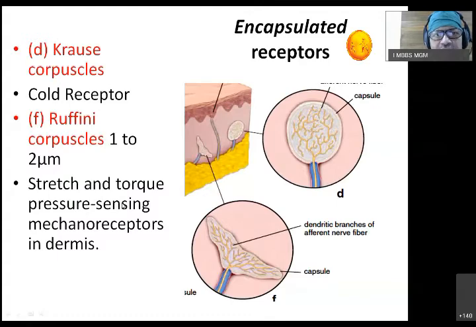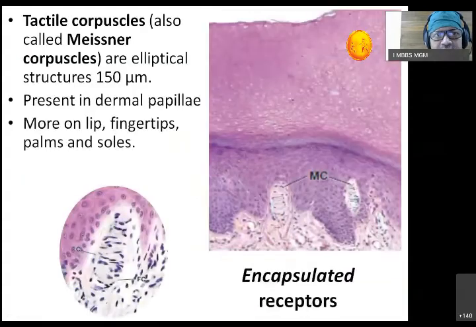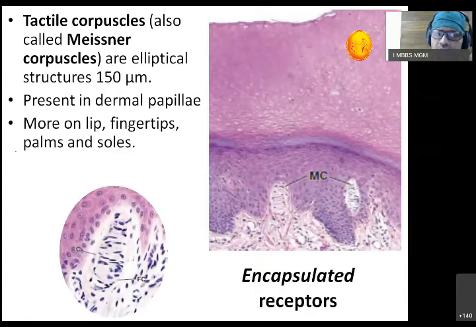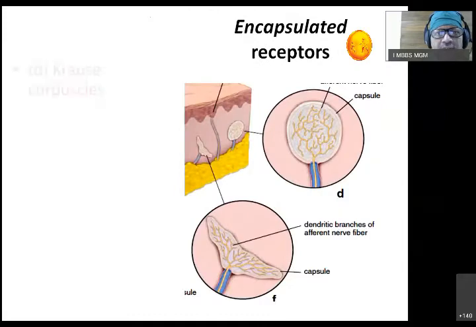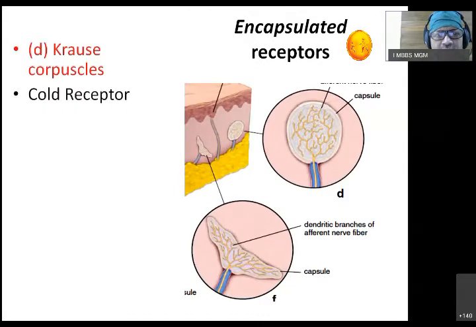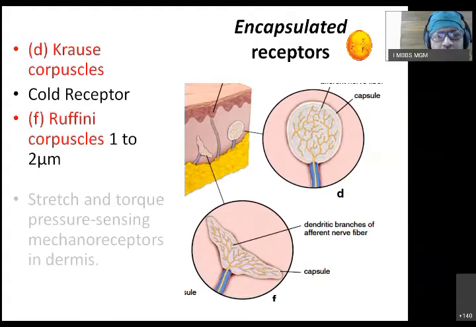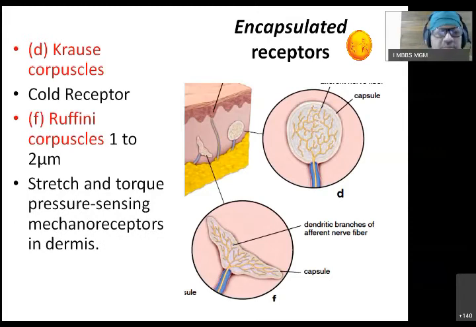The encapsulated corpuscles are Pacinian first, then Meissner's, know their locations and the difference in their location. Then there are Krause corpuscles, which carry cold reception. Free nerve endings carry heat reception. Ruffini corpuscles carry torque and stretch. That is what you have to remember.